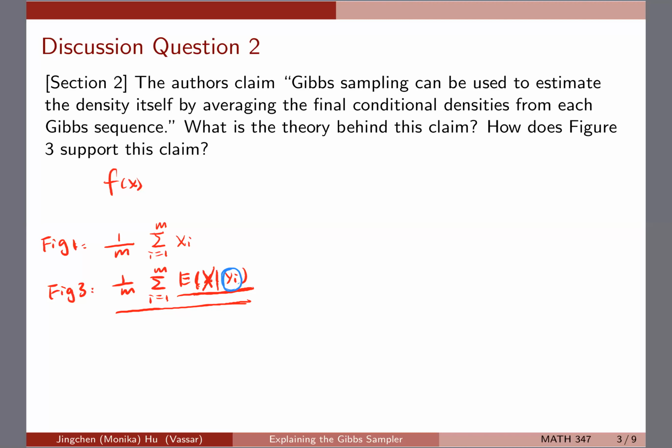Whereas for figure 1, you only use the draws from x, and this is a way to justify that using the conditional expectation, if you have them, will be a better approximation.